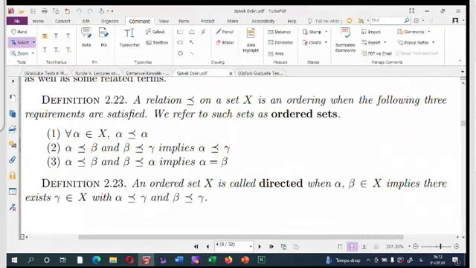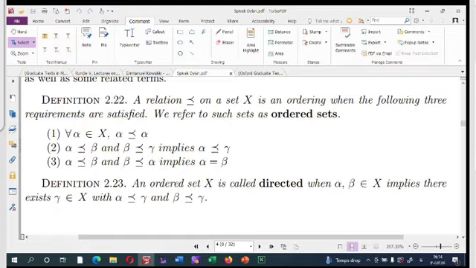Let me express the definition of an order. A relation such as this on a set X is an ordering when the following three requirements are satisfied. We refer to such sets as ordered sets.